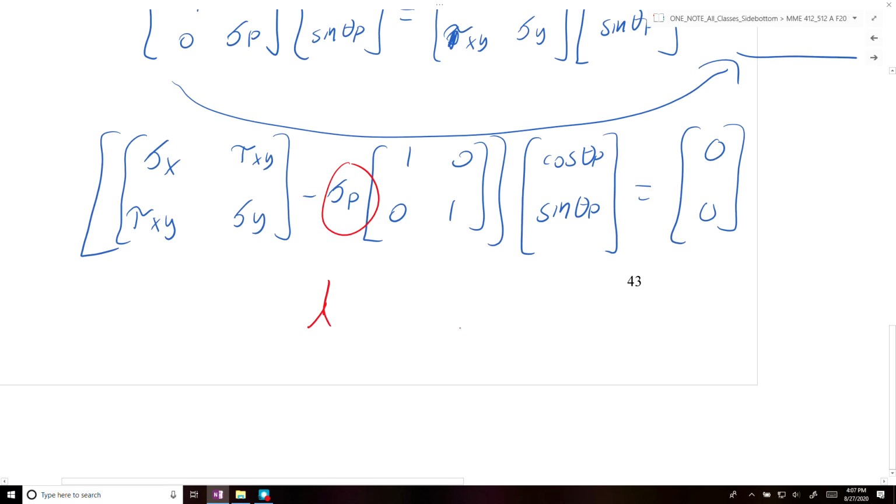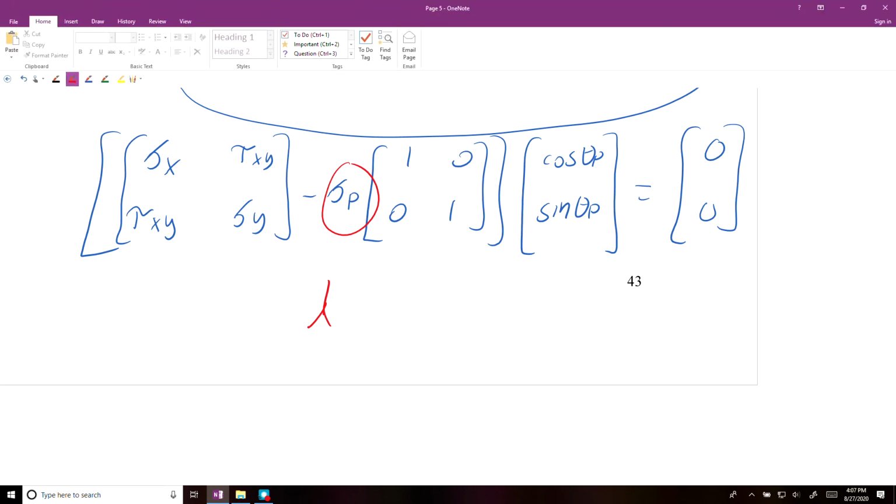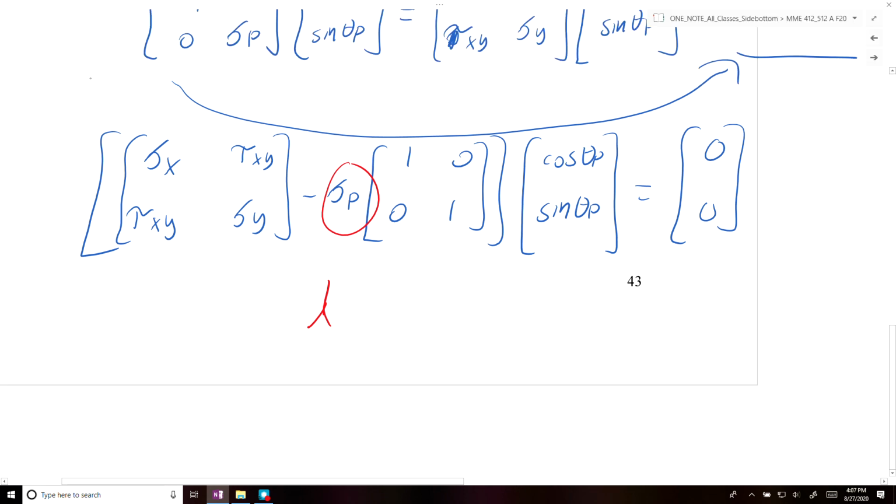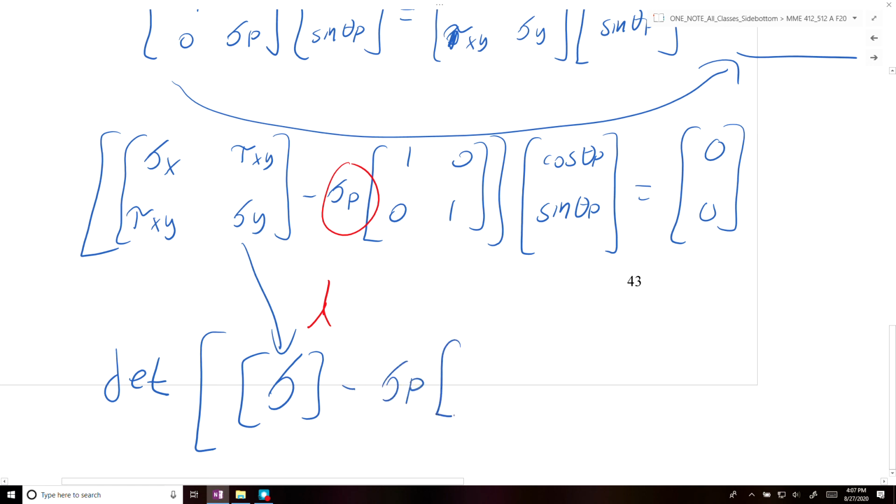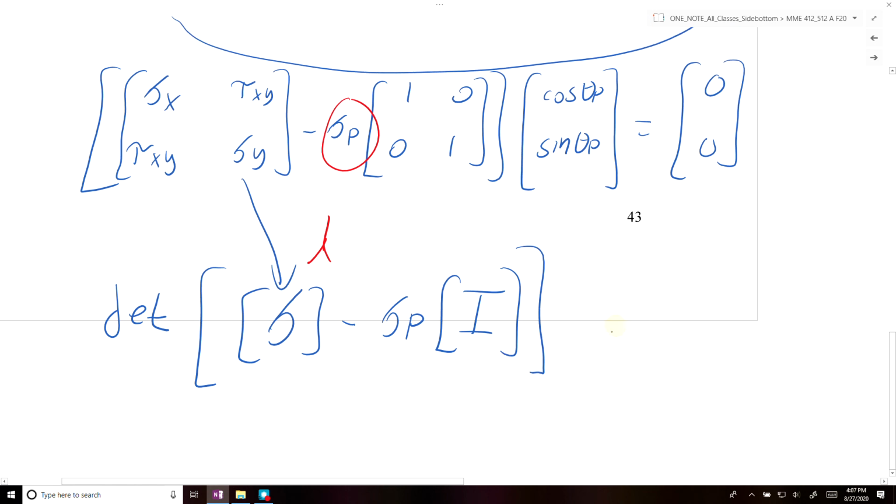In order to find sigma p, just like you did in your linear algebra courses to find lambda, you take the determinant of this matrix, where we have our stress matrix minus sigma p times our identity matrix, and set it equal to 0. We can then solve for sigma p.